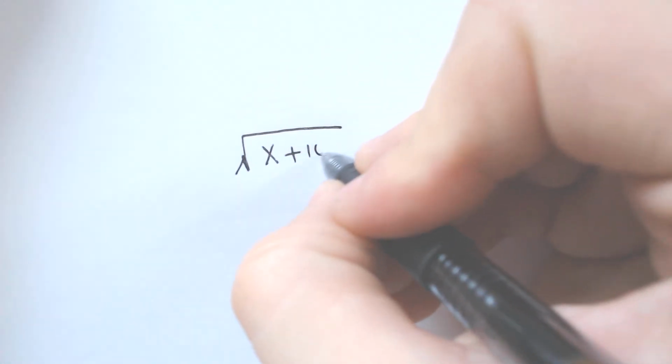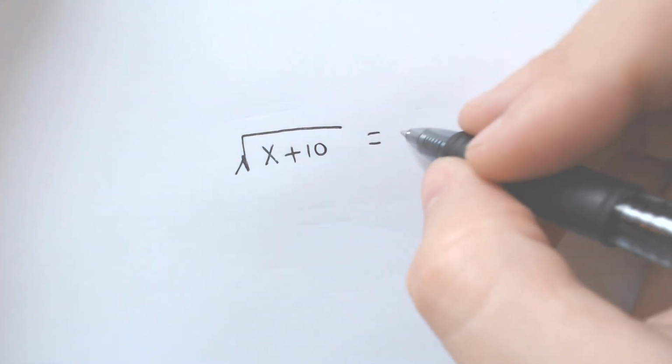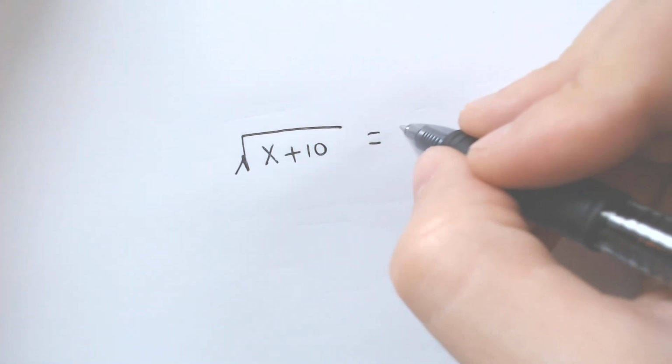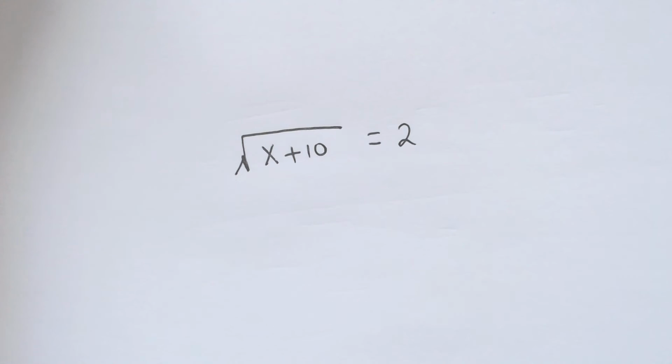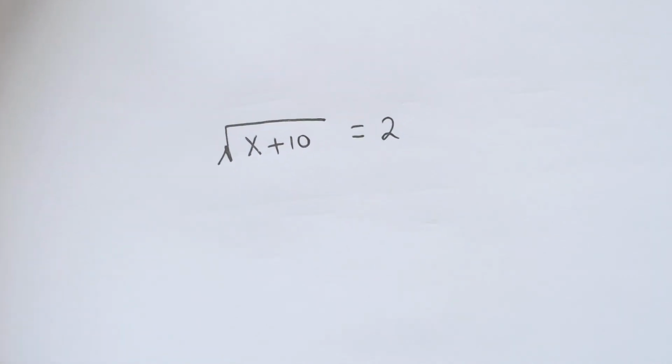Okay, let's see if I can find one where we get x to be equal to a negative number. Let's say I had the square root of x plus 10 equals, we'll go with 2. Okay?